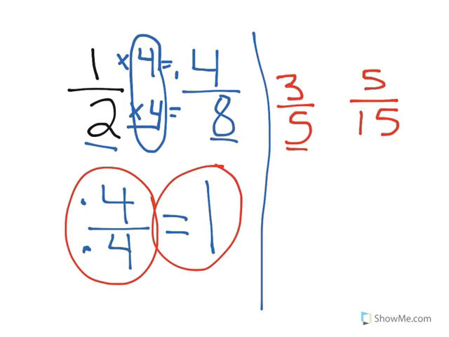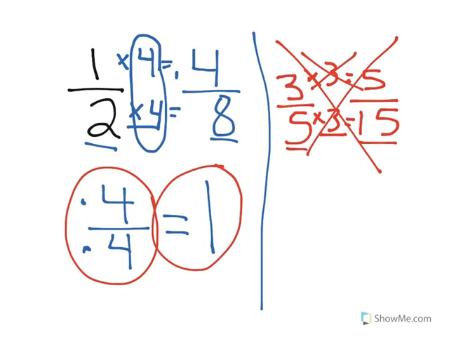So let's try the denominators. I know 5 times 3 is 15. So if it works on the top, I can take 3 times 3 and get 5. Oh, definitely not. I cannot multiply a number by 3 and get to 5. So 3/5 is not equivalent to 5/15.